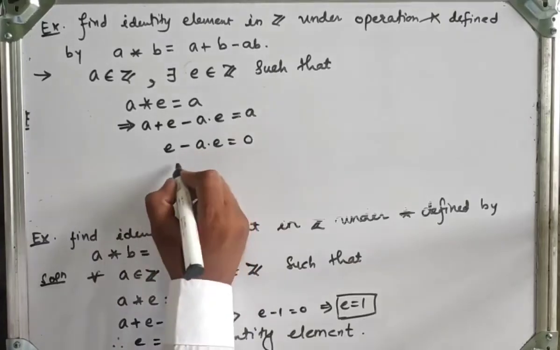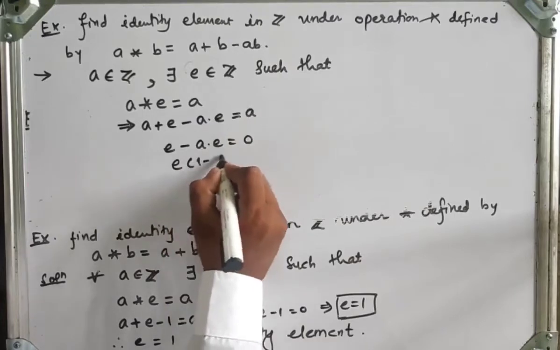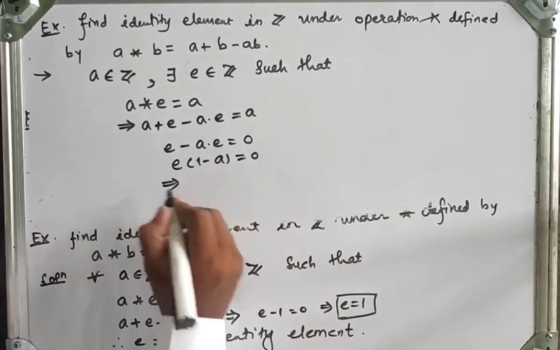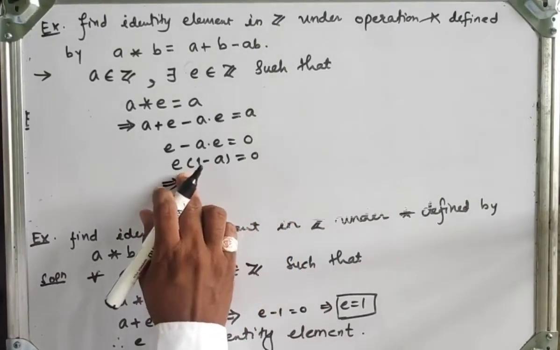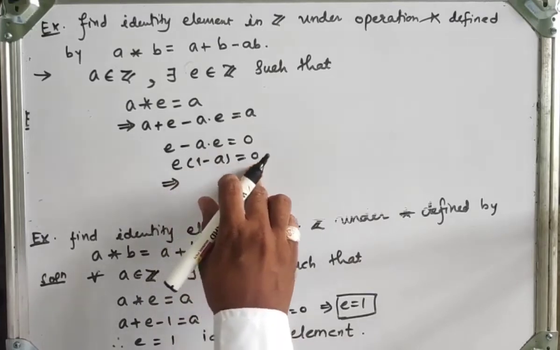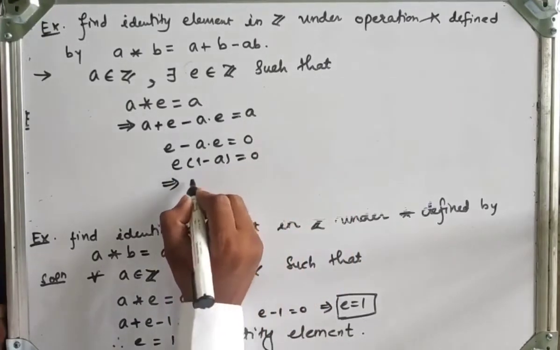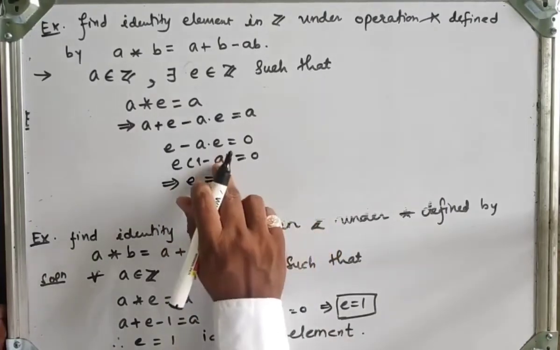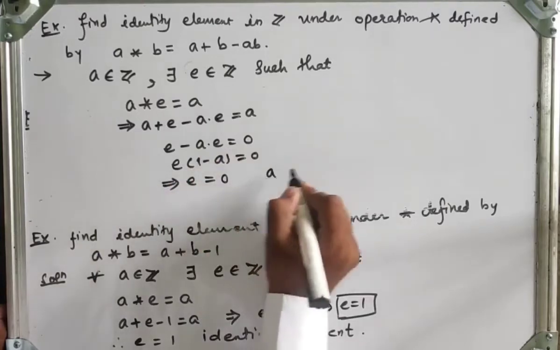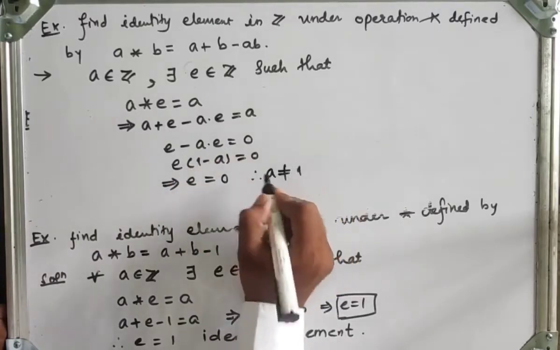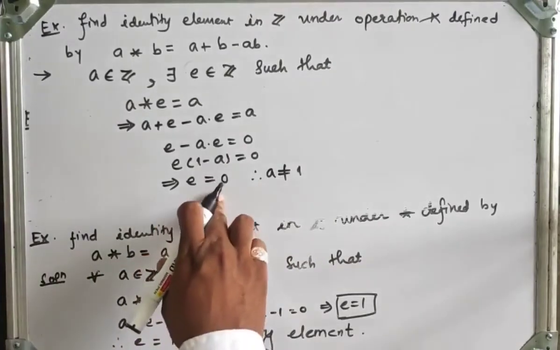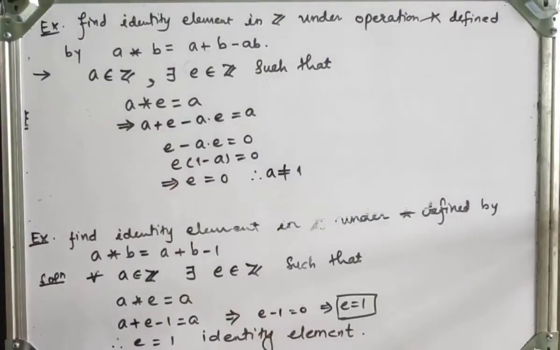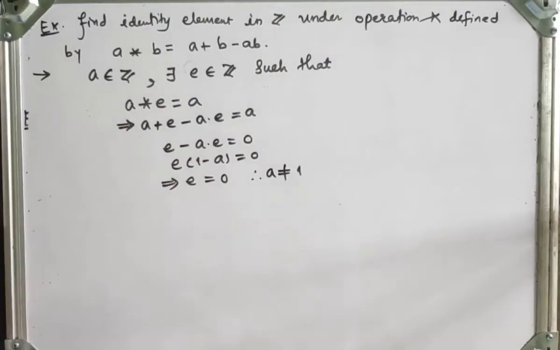So take E as common. So E into 1 minus A is equal to 0, which implies that E is equal to 0, where the condition on A is that A is always not equal to 1. Therefore E is equal to 0 is the identity element in the set of integers under the defined operation A star B is equal to A plus B minus AB.